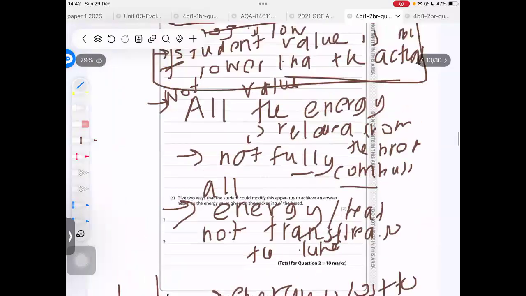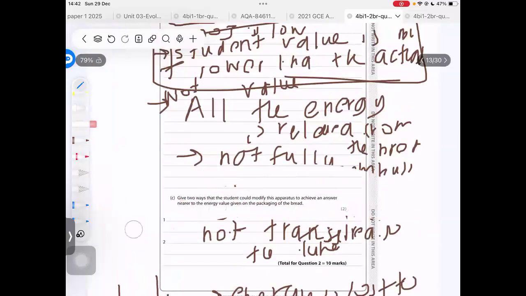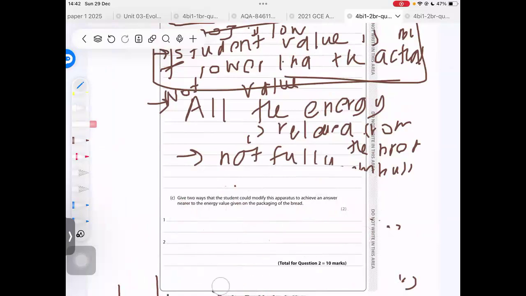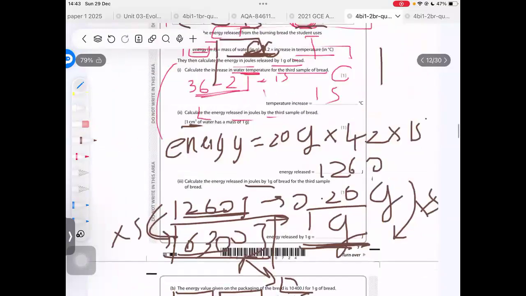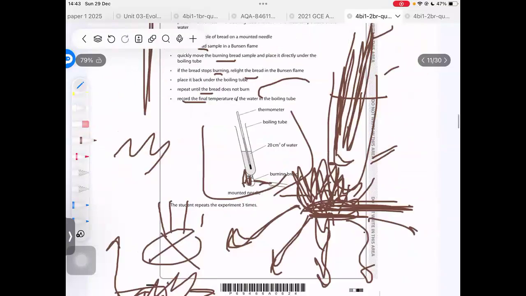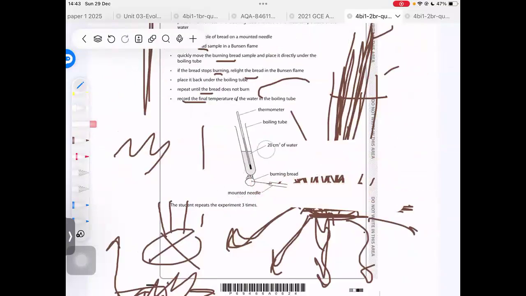Okay, now let's move on to the next question. They're asking, give 2 ways that the student could modify this apparatus to achieve an answer nearer to the energy value given on the packaging of the bread. Now, you can see here a lot of energy is being radiated to the outside.